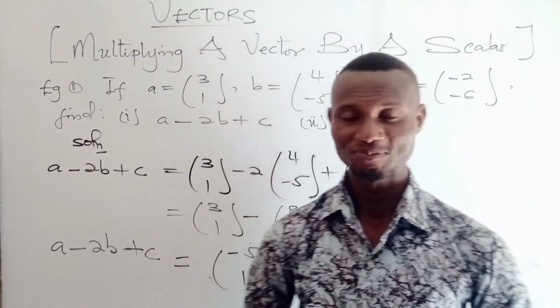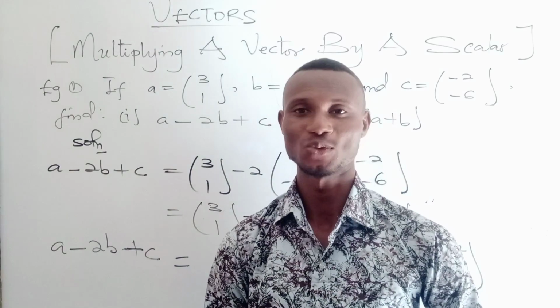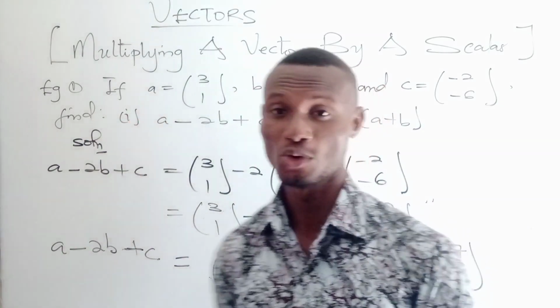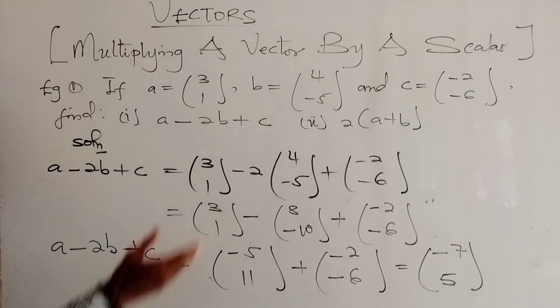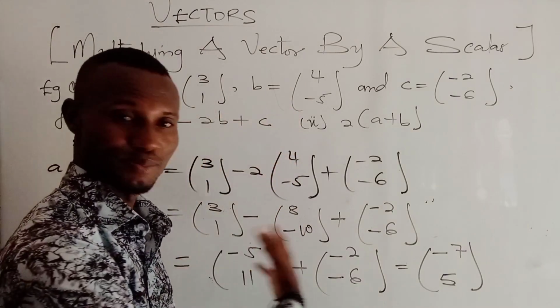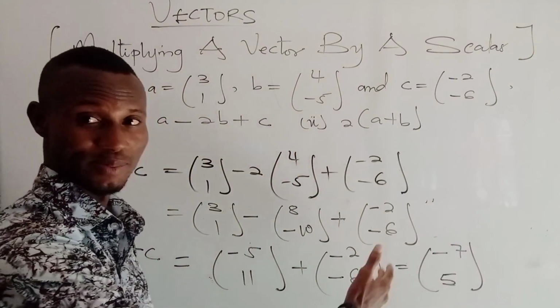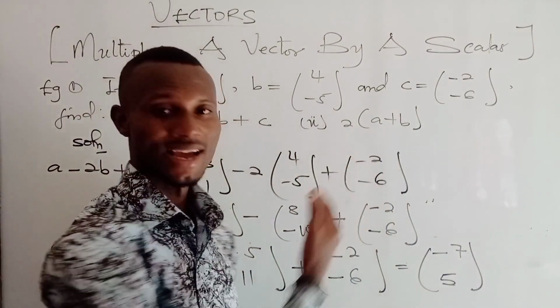I hope the explanation is clear enough and you understood it as well. So this is the process you need to go through. But we need to do the II also. So let's go ahead and do the II, but you can see that my space is covered. The space there is not enough, so I have to clean this so that we can do the II.